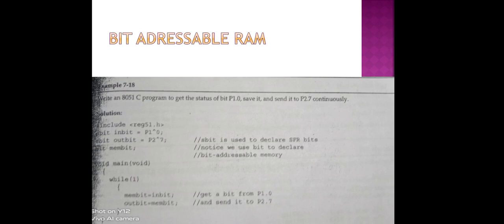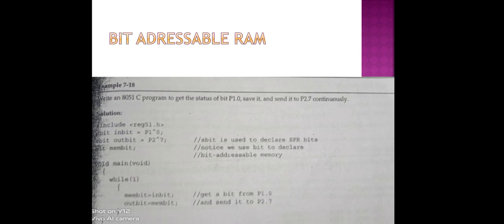First condition, hash include reg51.h. As single bits are used, in bit P1.0, there are two bits used here, P1.0 and P2.7, continuously.